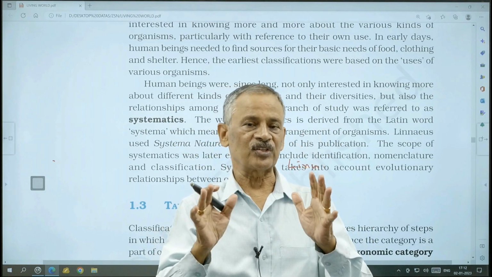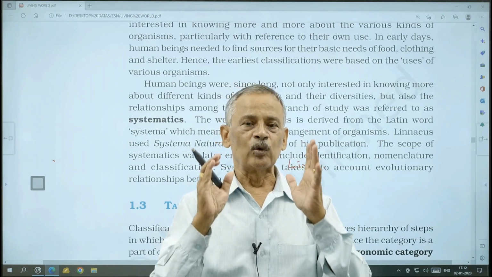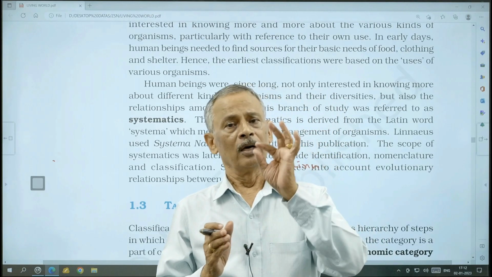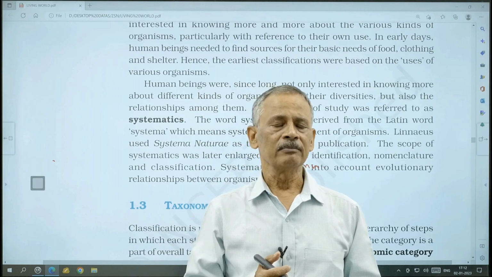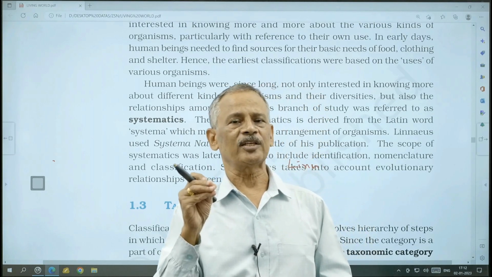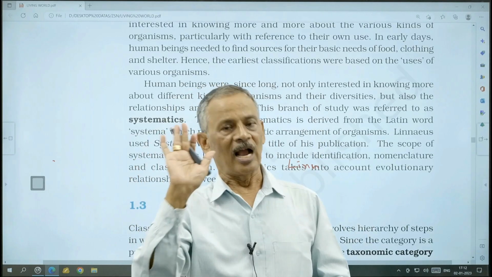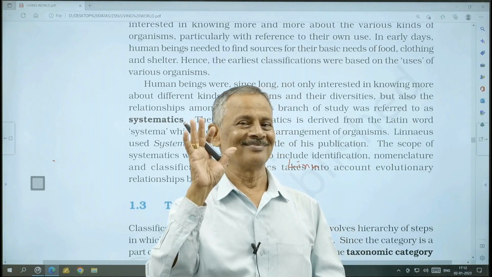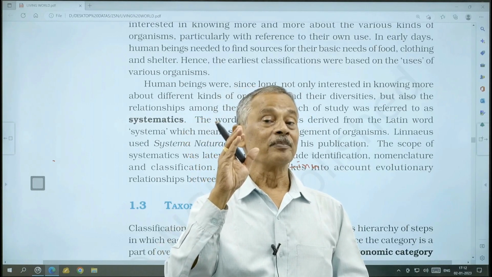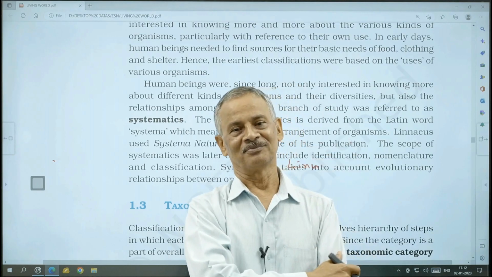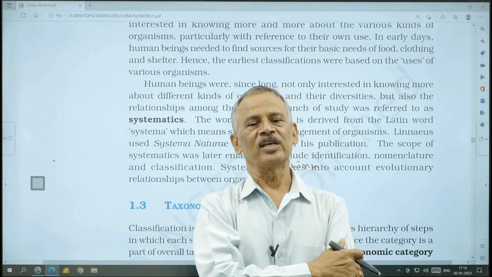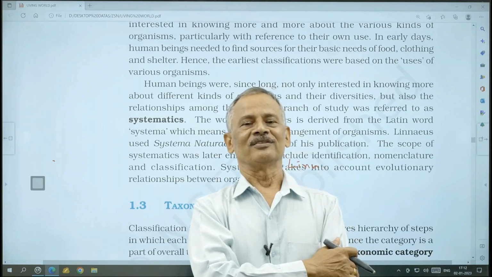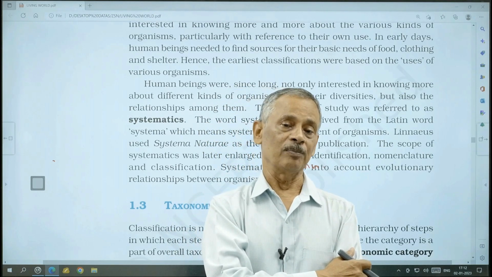So I will repeat once again. Species is a group of identical organisms which are all potentially interbreeding but reproductively isolated from other groups. Actually, this definition was given by Ernst Mayr, who is called the Darwin of the 20th century. The great man was given the triple crown of biology, the great three awards in biology.